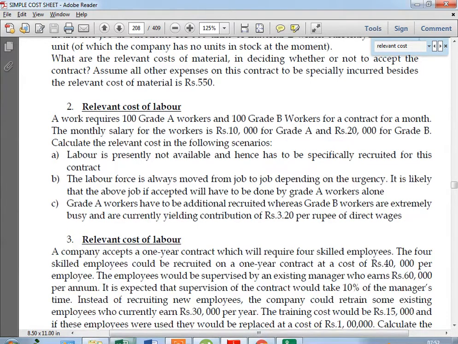No, it's not 94,000. It will be 94 lakhs.